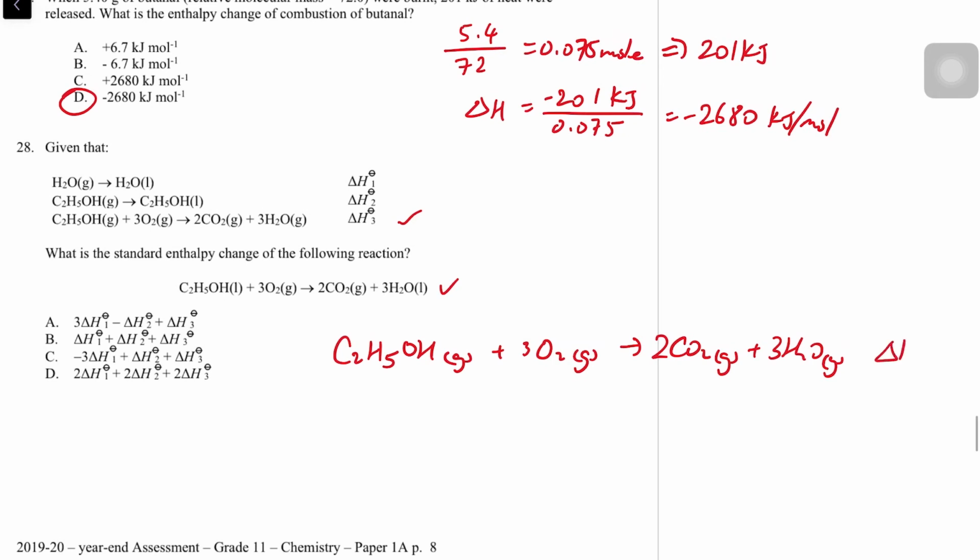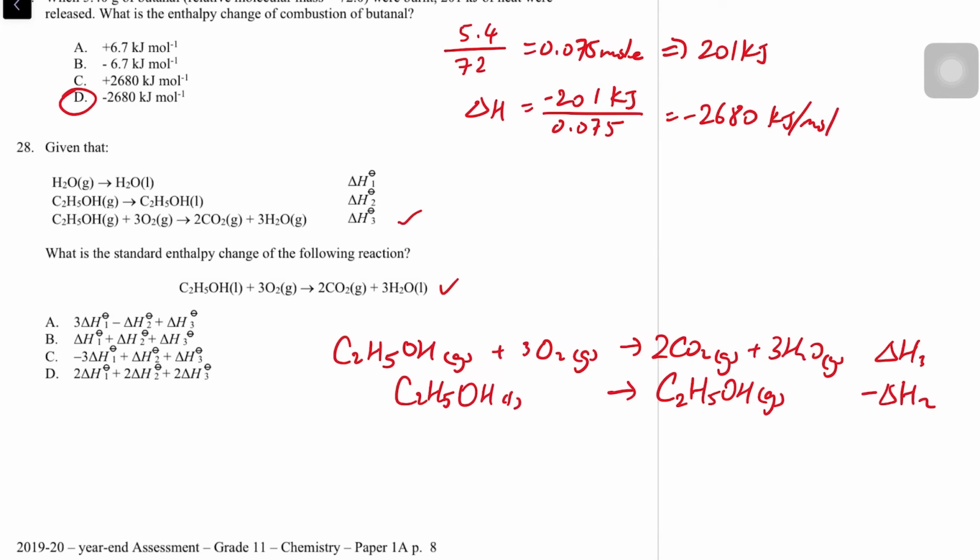Very good. This is delta H3. Okay, next we need to eliminate, okay, the gas ethanol. Okay, we try to eliminate. Okay, this one should be minus delta H2.